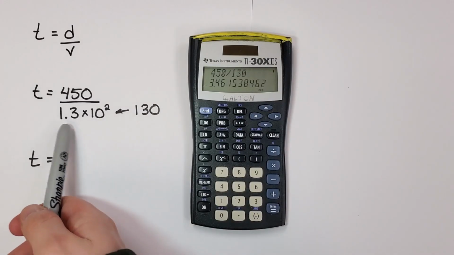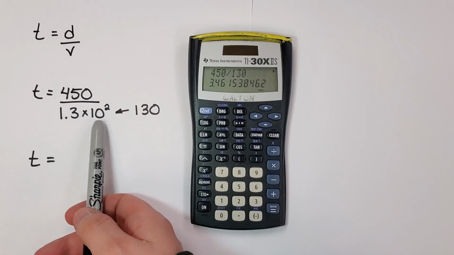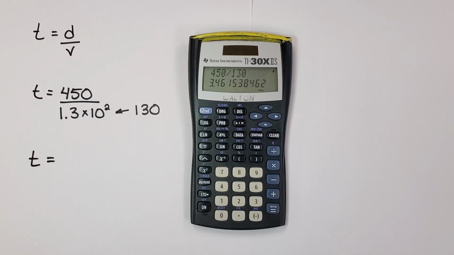Whenever you have a number that's using scientific notation, don't use times 10 to the power of. Every scientific calculator, every graphing calculator should have a very specific button that's used for scientific notation. I've got a bunch of different examples here.